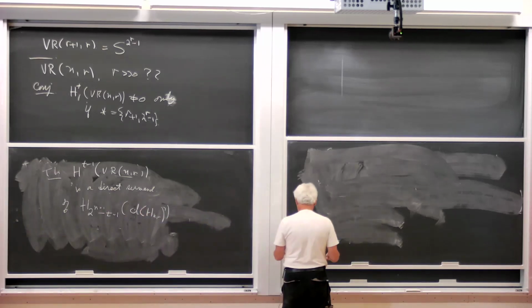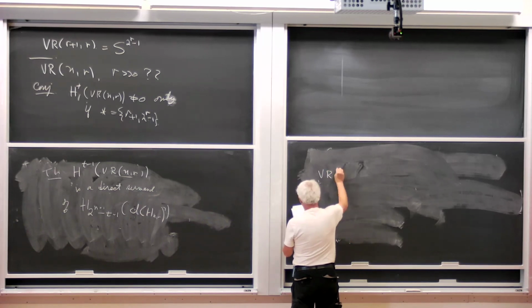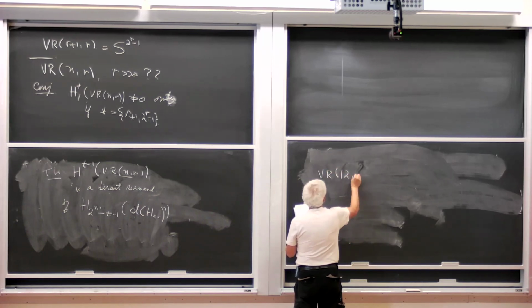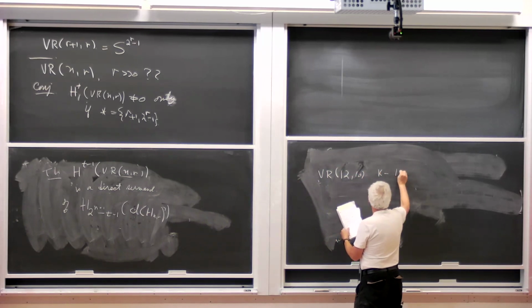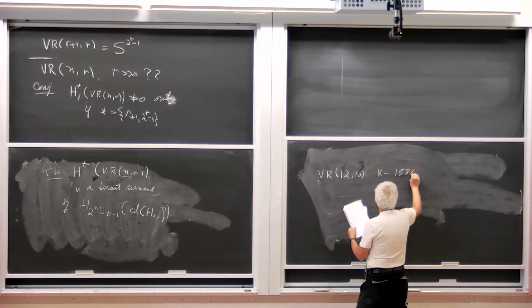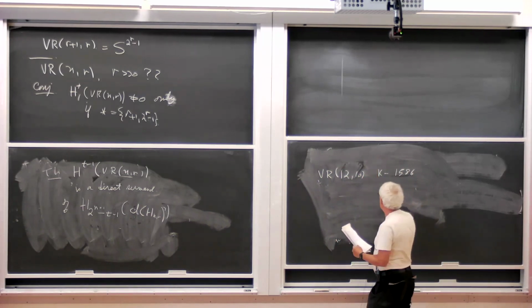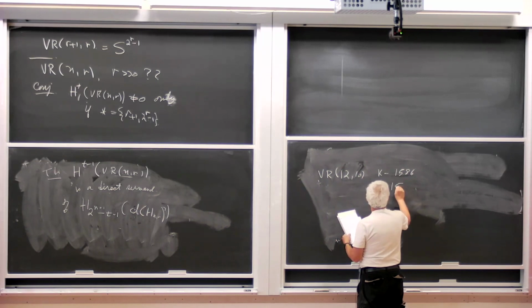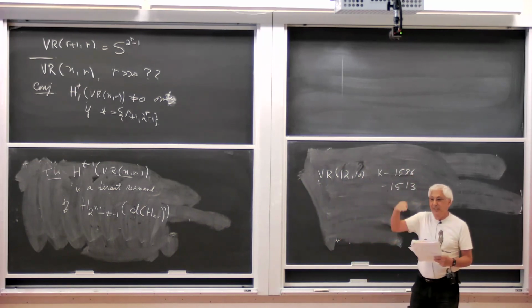So for VR 12, 10, Kleinemann says this is 1,586 co-connected. That means above that number, the cohomology is 0. We get 1,513. So we get a slight improvement.